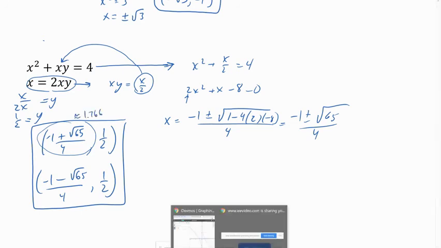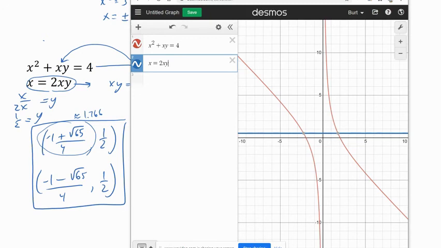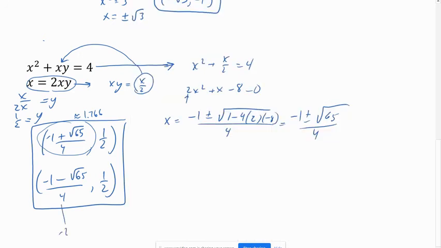And that matches what we see in our Desmos graph when we hover over this point, 1.766. This one is negative 2.266, which I'm sure matches this.